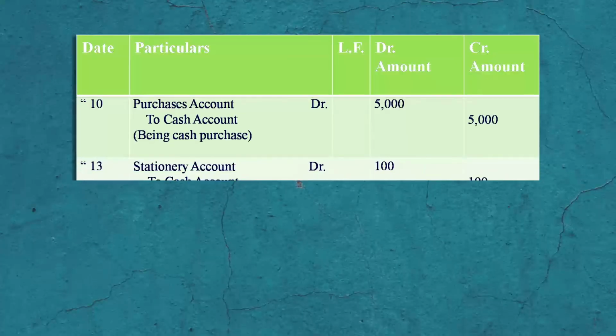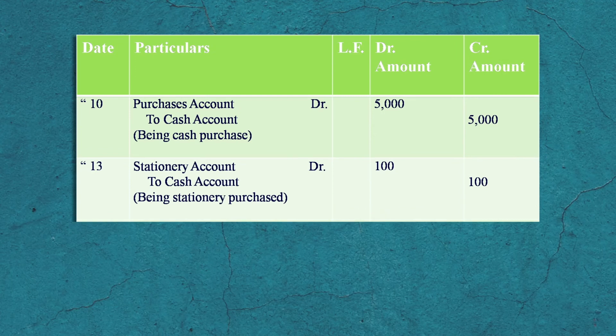Now again if we go back, you can see the next transaction, stationery account debit to cash. So in the debit side of stationery account 100 rupees, in the credit side of cash account 100 rupees. So now you can see in the credit side 100 rupees by stationery, and when you see the stationery account you will find in the debit side to cash 100 rupees.